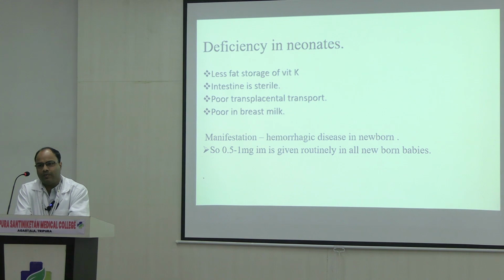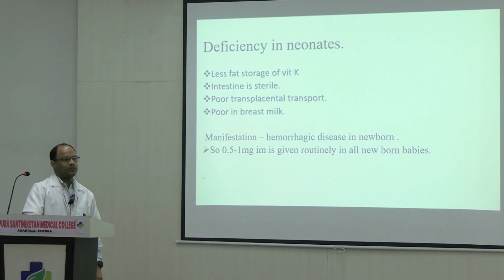In order to prevent that, nowadays newborns are given an intramuscular vitamin K injection after birth, 0.5 to 1 mg. If the baby is very low weight, 0.5 mg is given. If the baby is normal birth weight, 1 mg is given intramuscularly after birth. Okay.